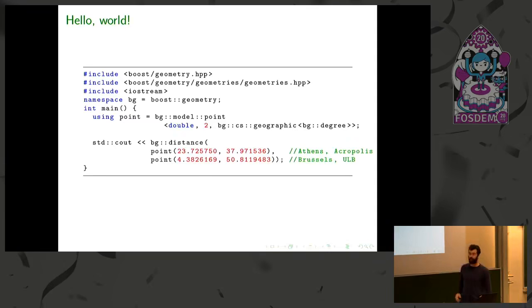You define one point in 2 dimensions with double arithmetic, and you use the geographic coordinate system in degrees, so you can create those 2 points with longitude, latitude coordinates. And Boost Geometry will compute this distance for you. This is more accurate than the one that you get from Google Maps, so it's a geographic computation.